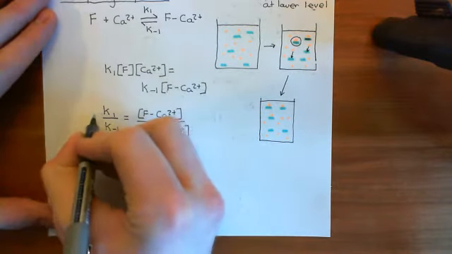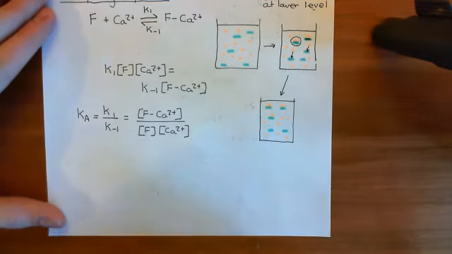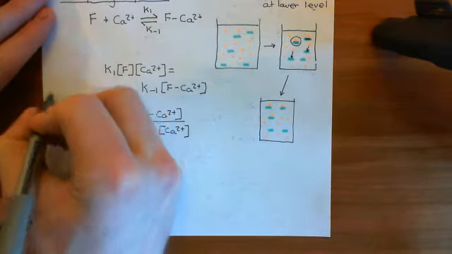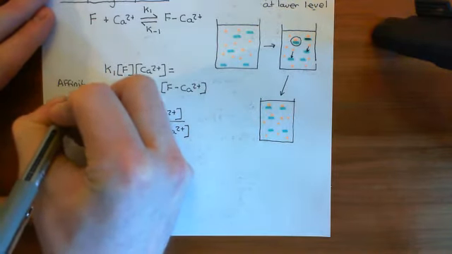Okay, now people basically call this ratio between the forward and backward rate constants the affinity constant.